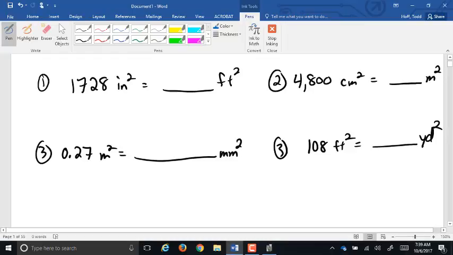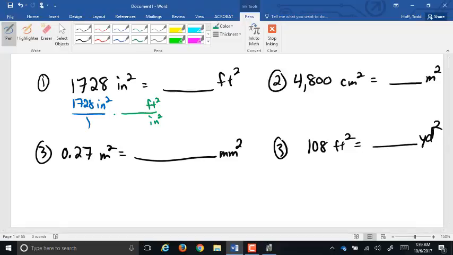See if you can get all 4 of those, and we'll talk about them in a minute. Okay, so number 1 up here, 1,728 square inches. First, our square inches will go on bottom, square feet on top. What's the relationship? Anybody? 1 square foot is 144 square inches.